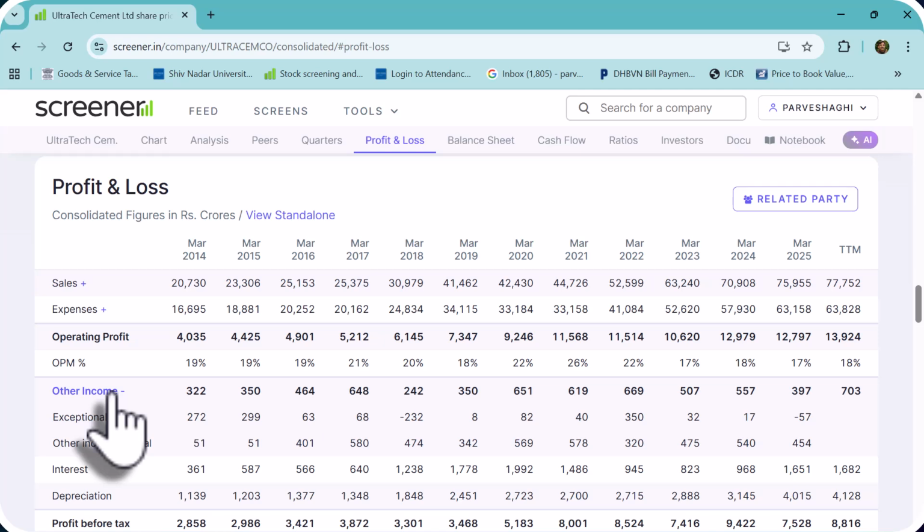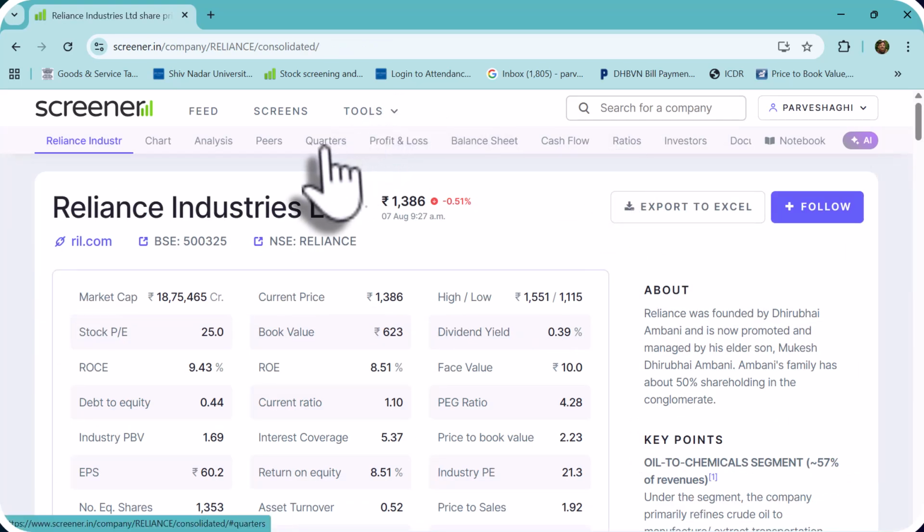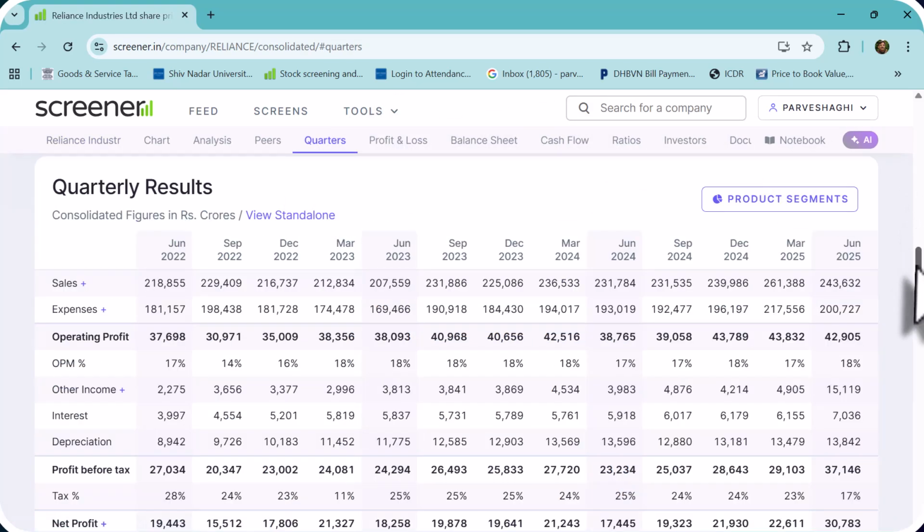But if the company has sold some shares, like Reliance sold some shares of Asian Paints in the last quarter and made 3 crore rupees of profit, that is an exceptional item. Let me check that. Let's go to Reliance and see.